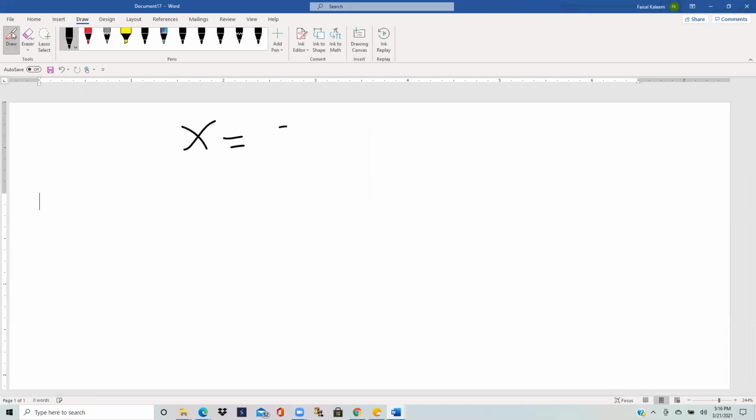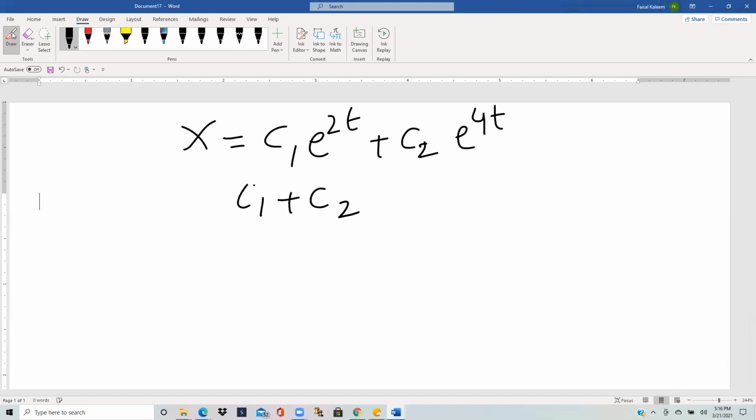And we also got c1 plus c2 is equal to 2. And we had y is equal to x prime minus 5x.